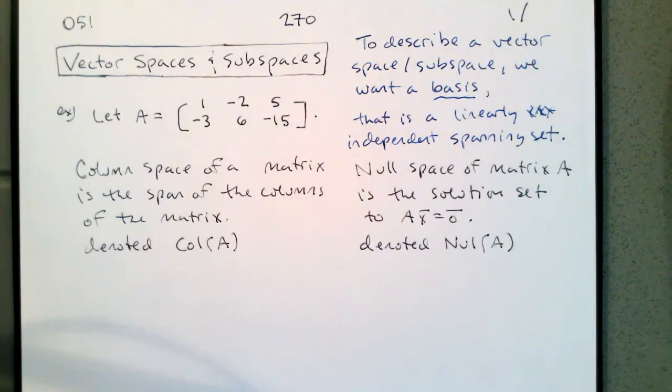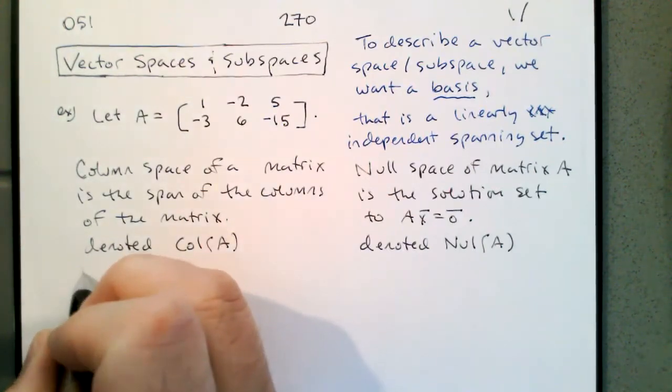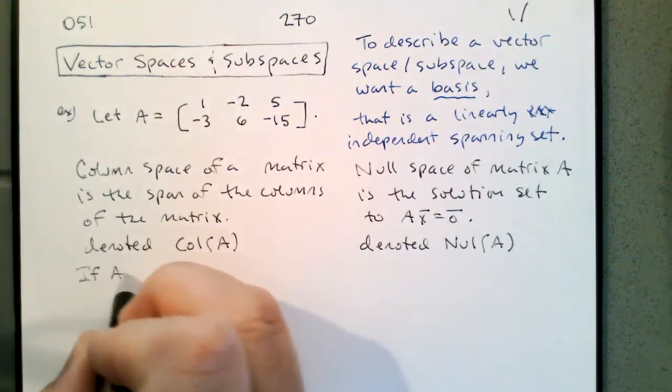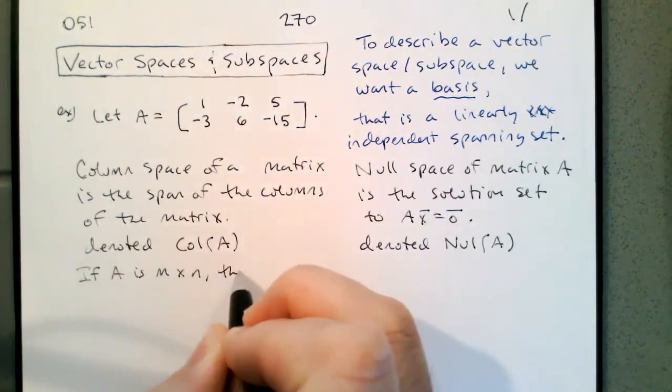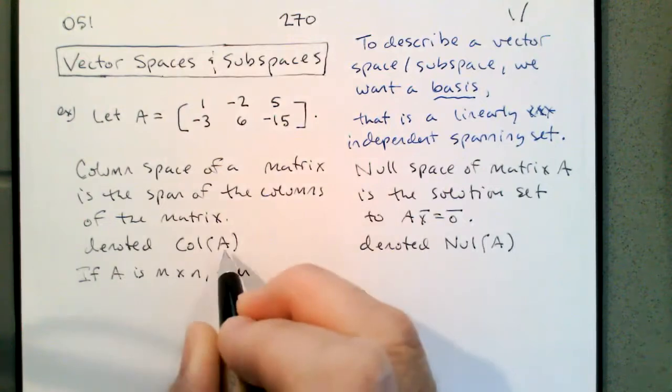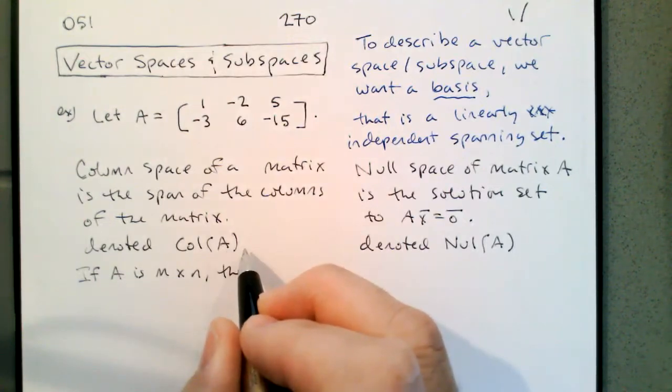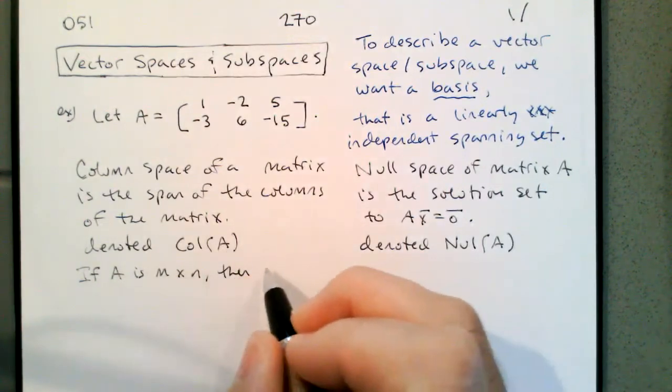So let's take a look at this matrix A, 1, -3, -2, 6, and 5, -15. What we want to do is find where the pivots are. Oh, wait, I have to talk about the size and where these spaces live. So if A is m by n, then the column space of A is a subspace of Rm.